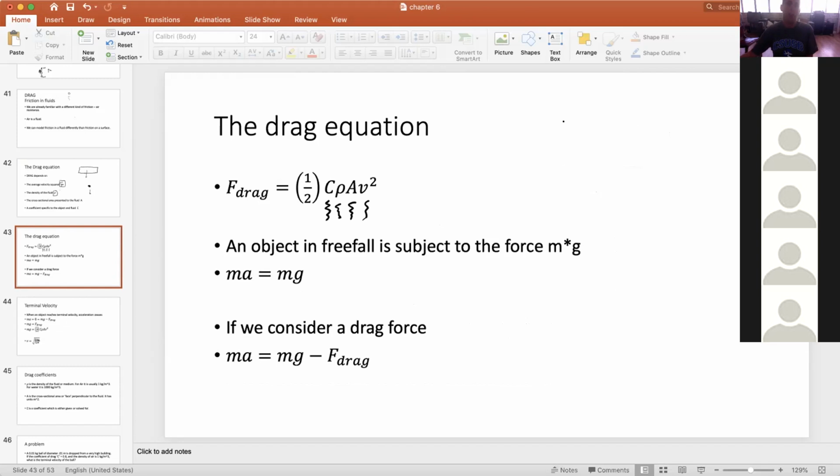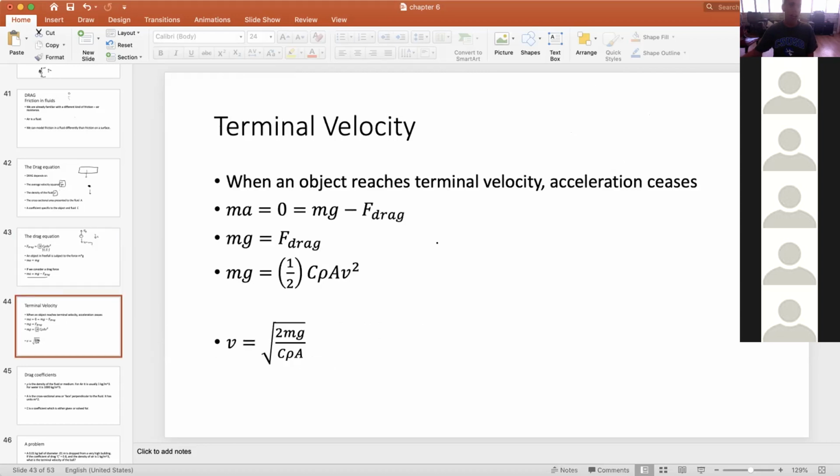If we assume that the object is freely falling, so it has a weight mg and its acceleration is down, and it has a force of drag opposite the acceleration, we get this nice equation right here. When the acceleration eventually becomes 0, we get mg minus force of drag.